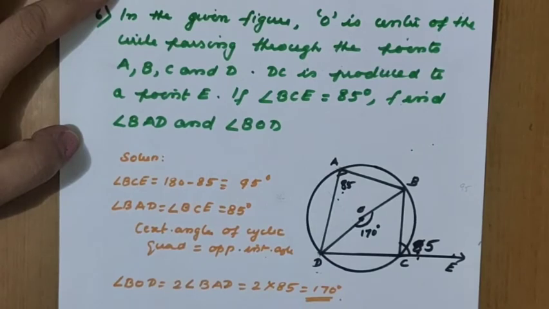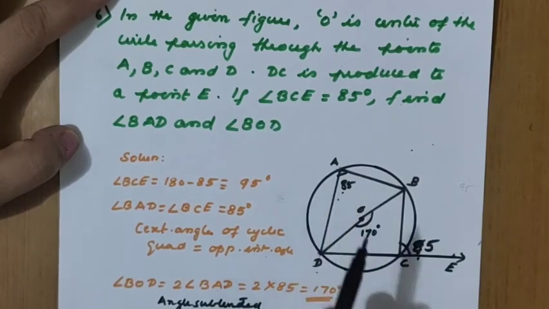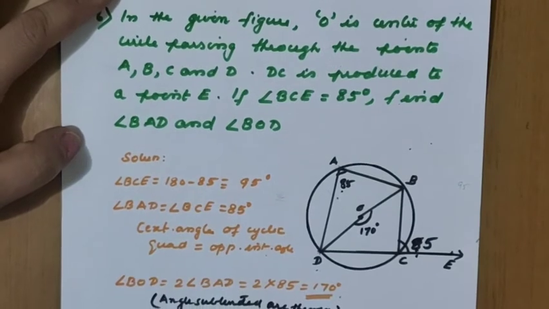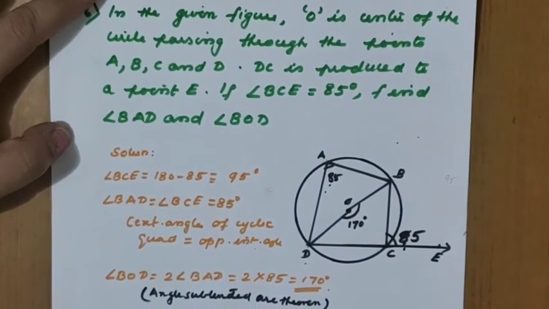Now what is the next theorem? It is the angle subtended by an arc theorem only. By that we can write, if angle BAD equals 85, then BOD equals 170. Write the reason in bracket. So angle BOD equals 170.